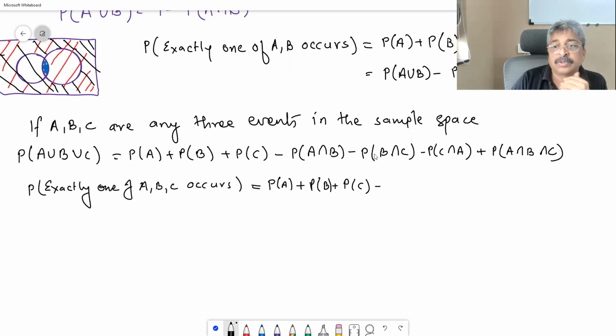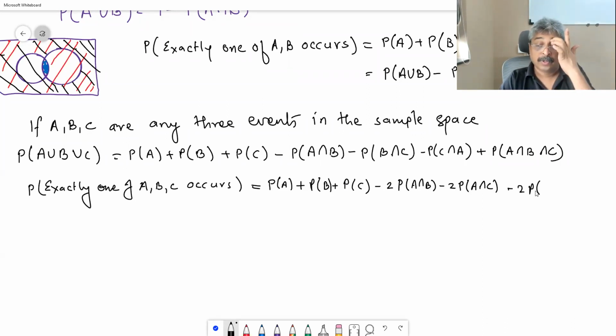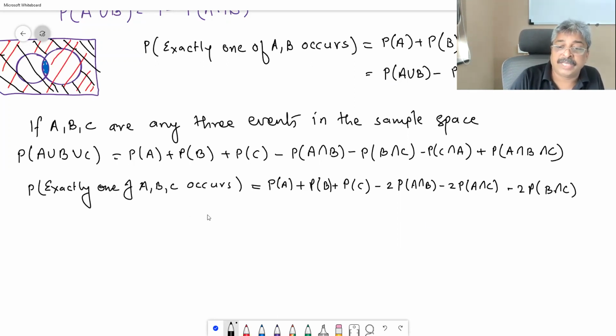Then remove. We have the experience for 2 earlier, so remove 2 times probability of A intersection B minus 2 times probability of A intersection C minus 2 times probability of B intersection C. Now you have to take care of the common area, which is plus 3 times probability of A intersection B intersection C.